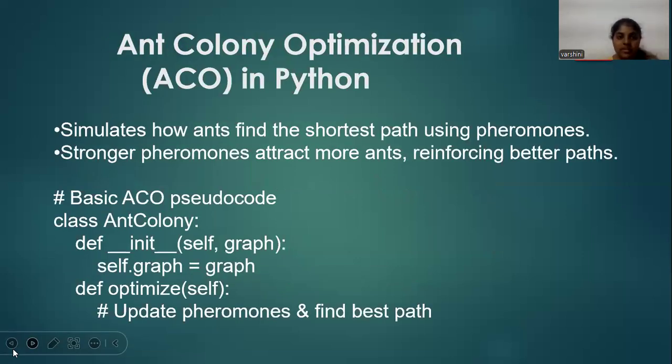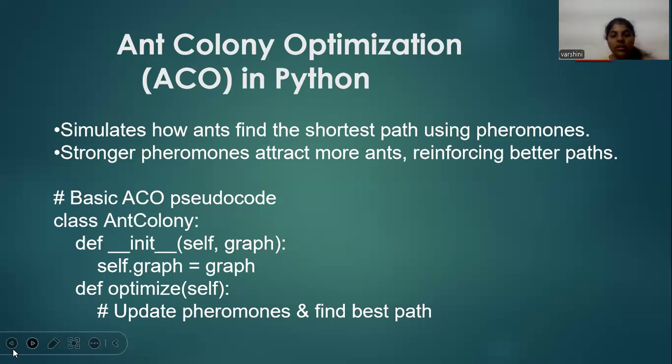Ant colony optimization, ACO, in Python. It simulates how ants find the shortest path using pheromones. Stronger pheromones attract more ants, reinforcing the better path.